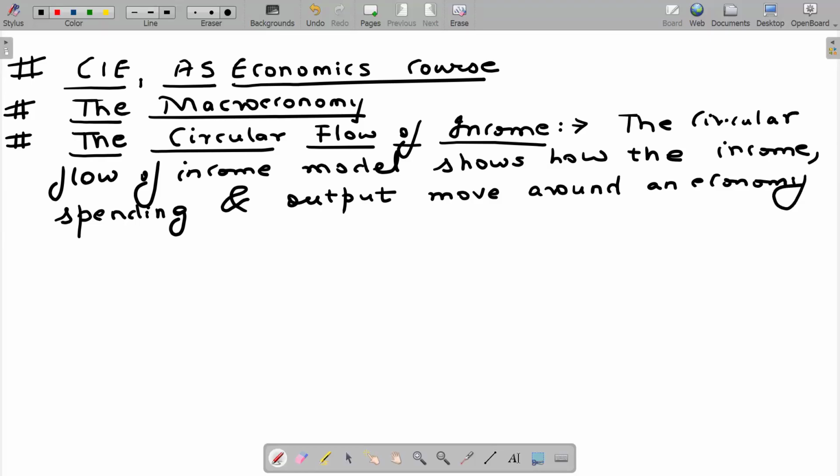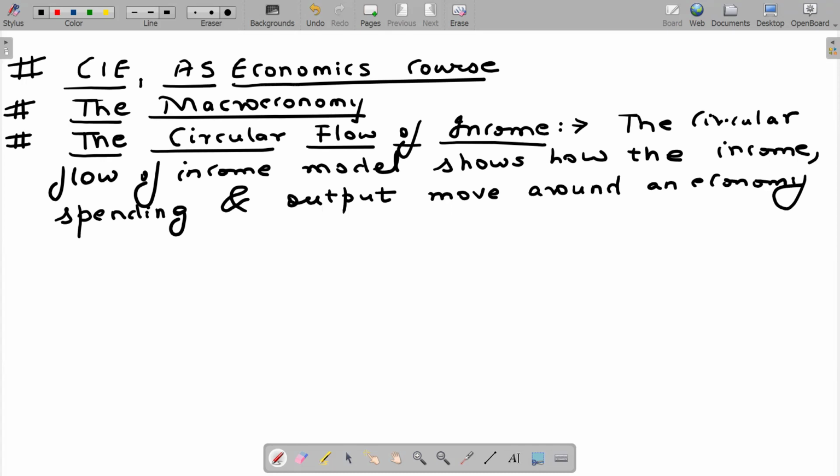So the circular flow of income diagram is basically telling us how actually in macroeconomics the three terms are pretty much equal, because whatever output is produced will generate equivalent amount of income. Okay, and whatever income is produced in the economy will then be spent on buying that output.